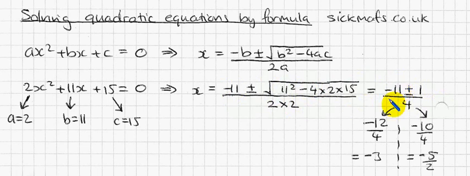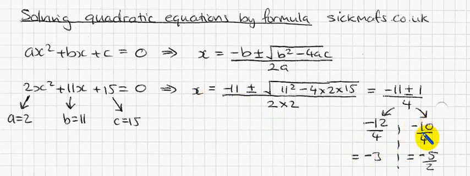So, what do I have? I've got two options from this. I've got minus 11 minus 1, which is minus 12 over 4, which I've written here, or I've got minus 11 plus 1, which is minus 10 over 4, which I've written here. Let's simplify this one. Minus 12 divided by 4 is just minus 3. So that is one answer for what x could be.